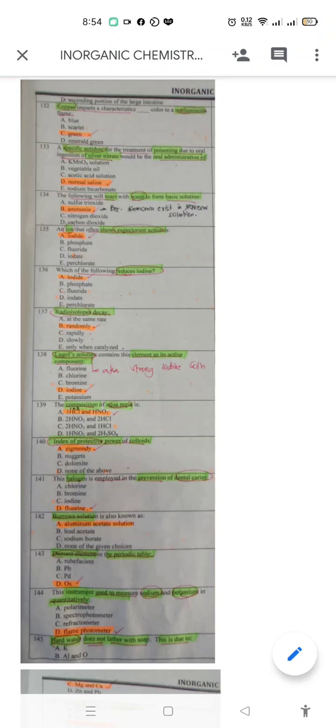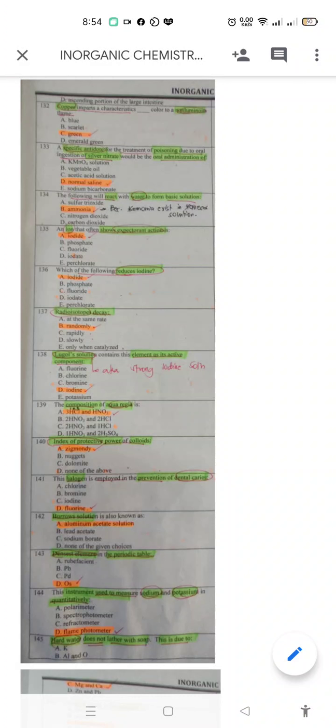So, aqua regia is a mixture of hydrochloric acid and nitric acid, and it can dissolve gold, which single acids alone cannot do. So, your aqua regia is the only mixture that can dissolve gold. And the mixture of aqua regia is your HCl plus nitric acid.